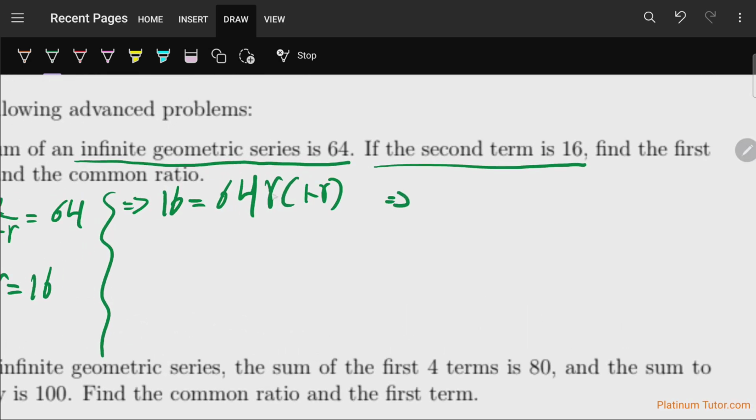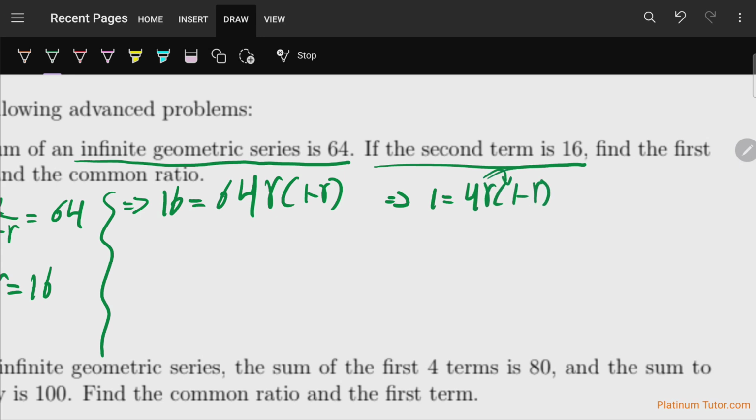I'm going to distribute in the R. So maybe first we should simplify the 16 and the 64. So I'll divide both sides of this equation by 16. So 64 divided by 16 is going to be 4. So we get 1 is equal to 4R times 1 minus R.